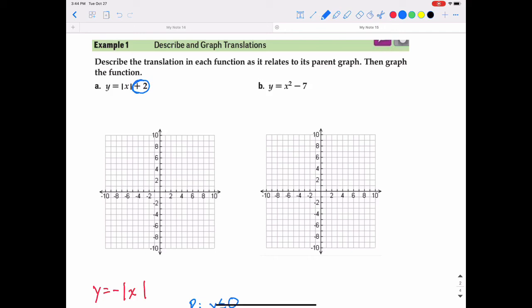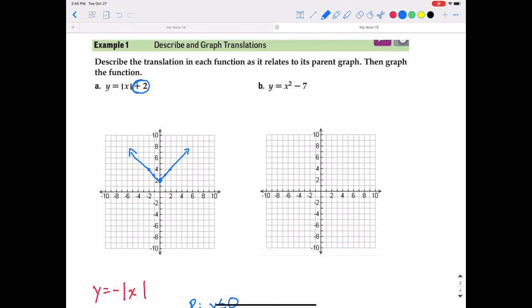So I'm going to take that vertex and I'm going to go up 2 units, place it there, and then since I know it's an absolute value function, it creates a V shape. I will throw a couple of extra points in here on either side so I can make a nice, crisp, sharp, cornered V shape. And that's what your graph looks like.